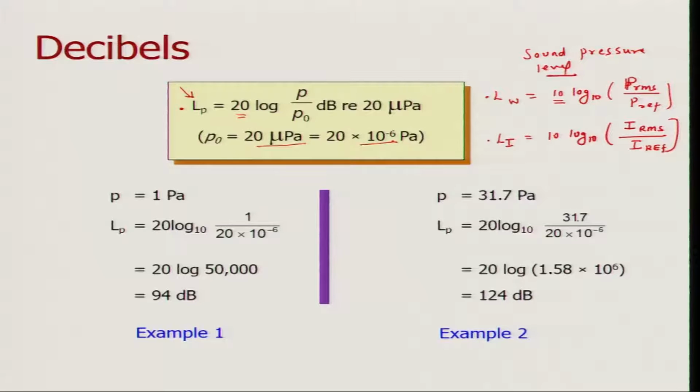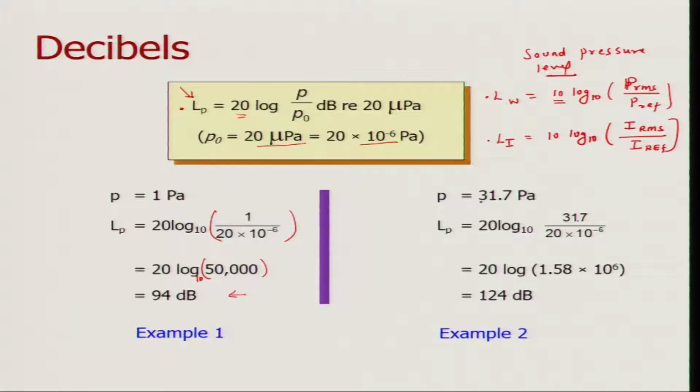So, for starters, we will calculate decibels in two cases. Consider that the RMS value of pressure is 1 pascal. Then the sound pressure level is 20 log 10 of 1 divided by 20 micropascals. That is essentially 20 times log of 50,000, and that works out to be about 94 decibels.